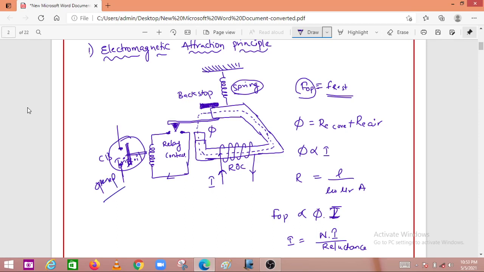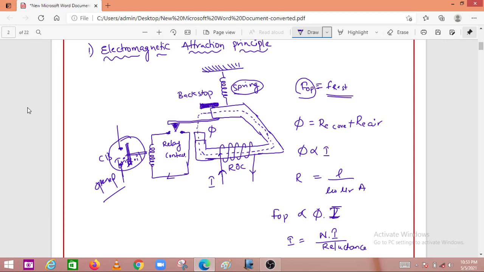So this is the principle of operation of this electromagnetic attraction principle relay or protection system, because we are having both relay as well as a circuit breaker in combination, called the secondary protection system. As long as the current is flowing through this coil, this coil will be energized, and because of this electromagnetic attraction principle, this plunger will be moving downward by closing the relay contacts.